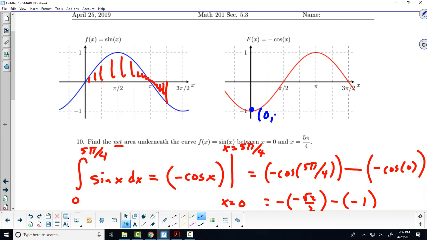That's the ordered pair 0, -1. And this ordered pair right here, that's the ordered pair 5 pi over 4, radical 2 over 2. And then we said, what is the distance between this point and this point?